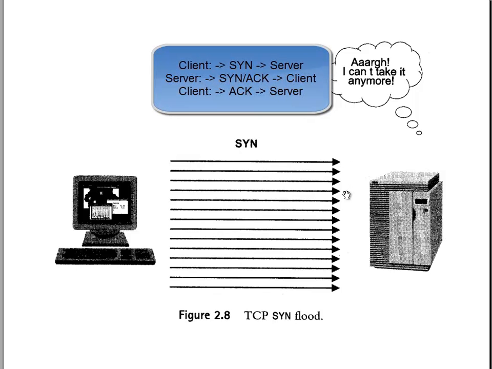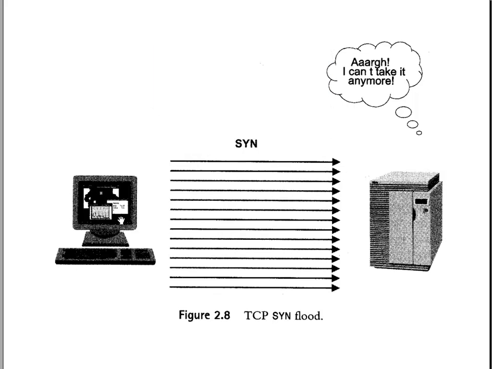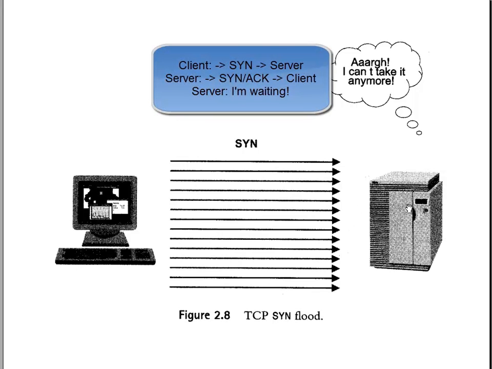And recall that once the SYN packet comes in, the destination will send back a SYN ACK, and then we'll wait for the final ACK to create the three-way handshake. Well, if these SYN packets are sent and no responding ACK is ever sent, that causes an overload and a denial of service attack, because this can only hold so many connections at one time, waiting for the final ACK to be responded to.